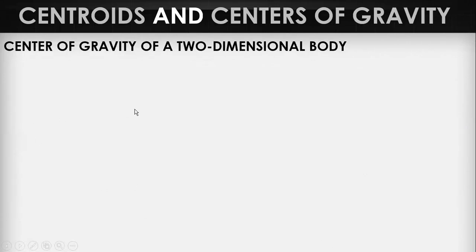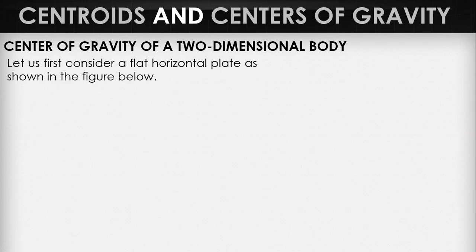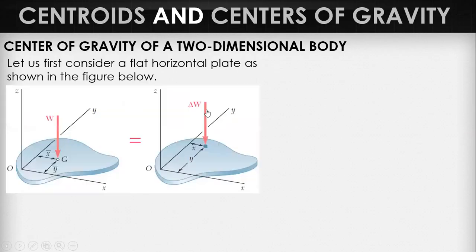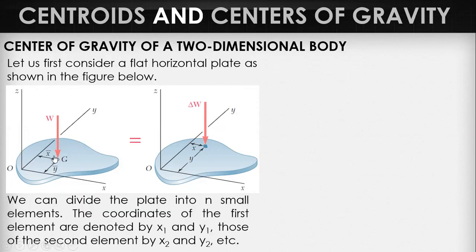So let us first consider the center of gravity of a two-dimensional body. Let's consider a flat horizontal plate as shown in the figure below. We can divide the plate into n small elements.